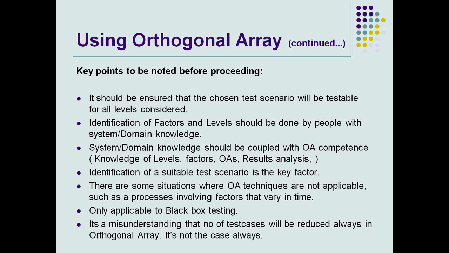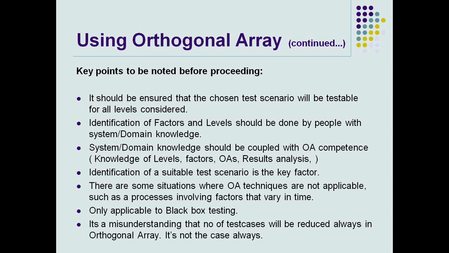Identification of a suitable test scenario is a key factor, and there are some situations where OA techniques are not applicable, such as some processes which involve factors which are variable in time. So there I don't think it would be applicable. But of course, in software testing, this would be applicable.